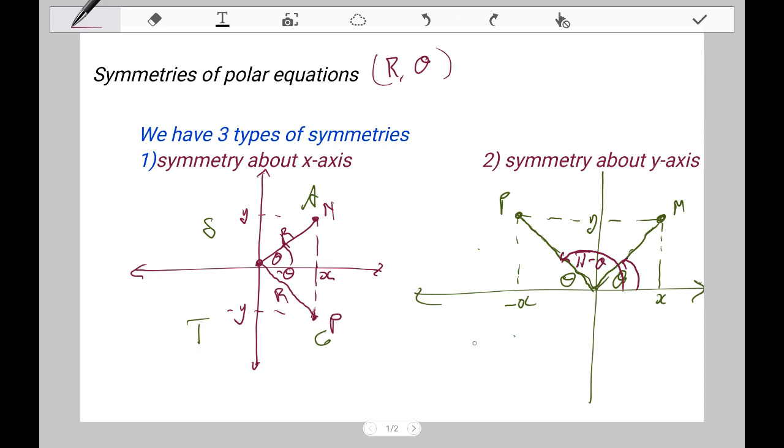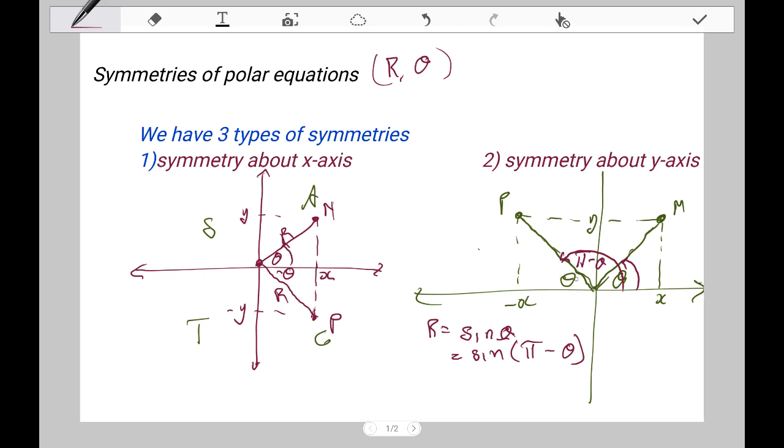So to examine, let's consider this example. r is equal to sine of theta. We are replacing theta with pi minus theta, and if we get the very same result, then the equation is symmetric about the y-axis. So let's see.